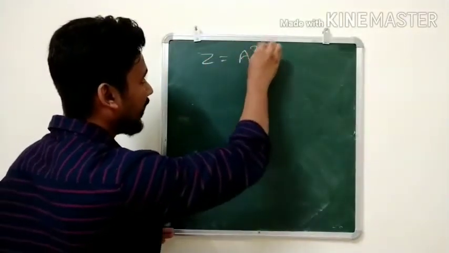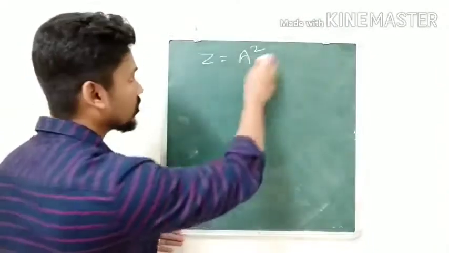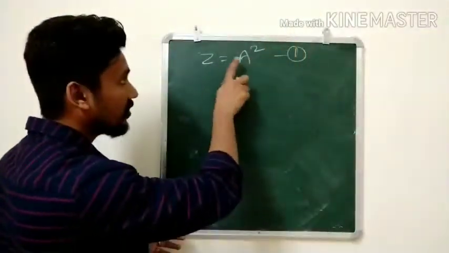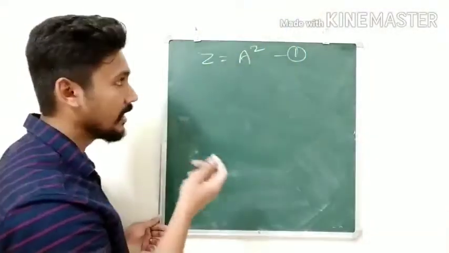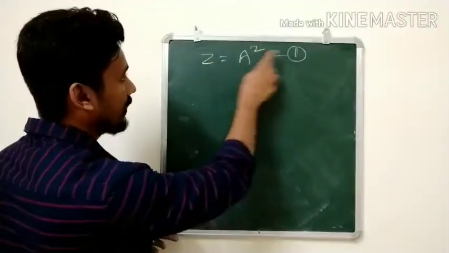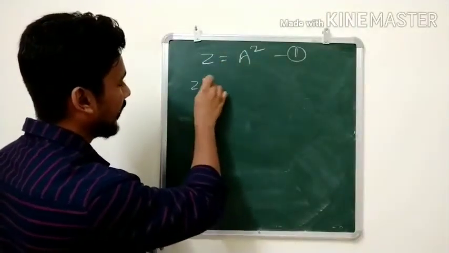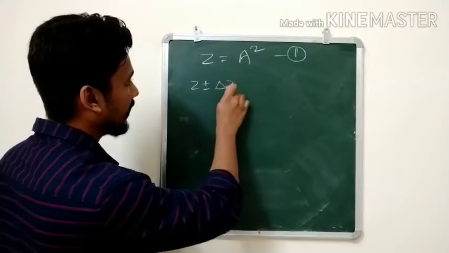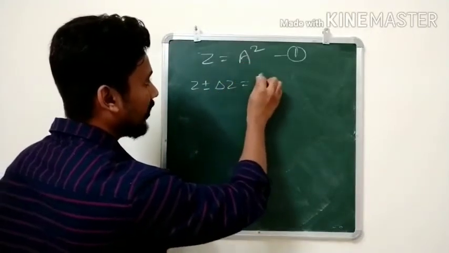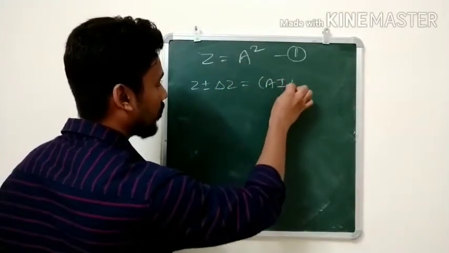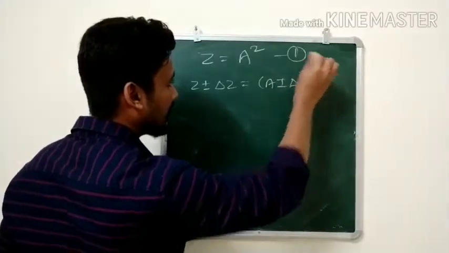that is if Z is given by, let us say, A square. Correct, let us call this equation number 1. If such is a quantity, how much will be the error? So what we do, this here written as equation 1, we can write Z plus or minus delta Z equal to A plus or minus delta A whole square.